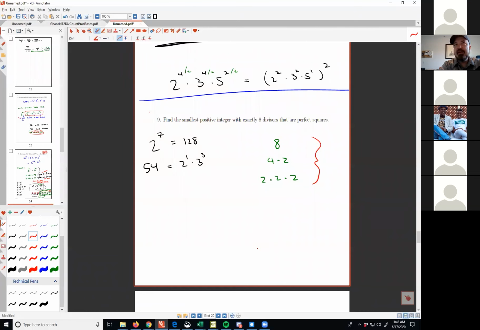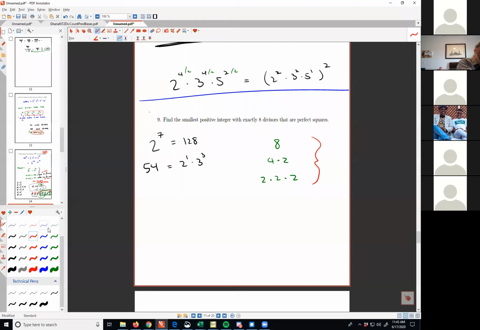Well, that gives us a product of integers, each exponent plus 1, each at least 2, multiplied together. And there are 3 different ways that we can write 8 in that way. We can just have one number not multiplied by any others. That's just 8. Or we can have 2 numbers multiplied together, 4 times 2. Or we can have 3 of them multiplied together, 2 times 2 times 2.